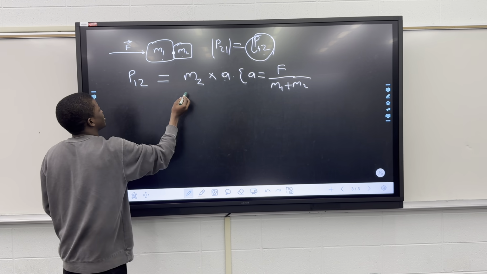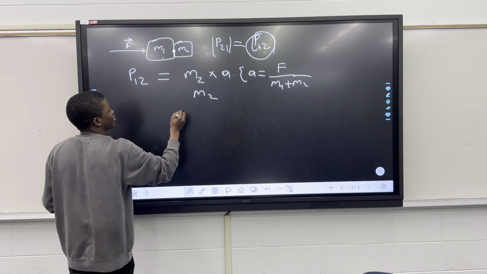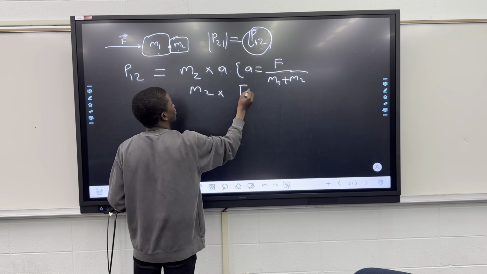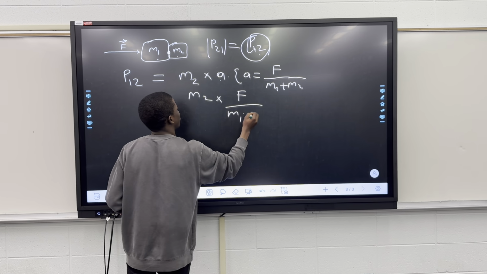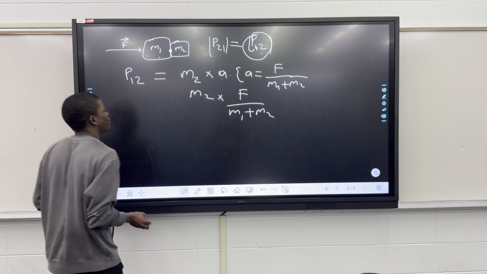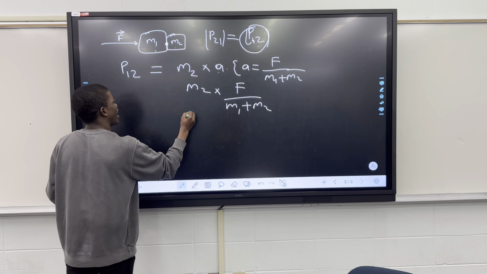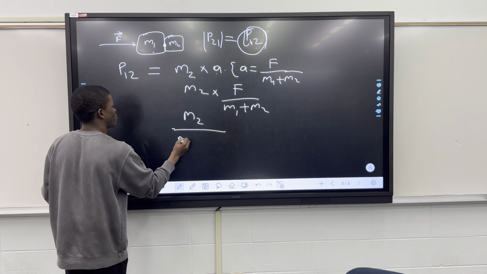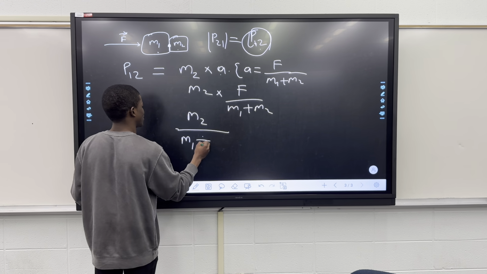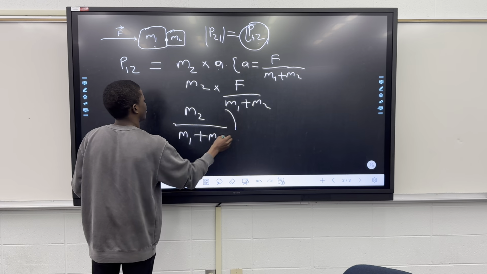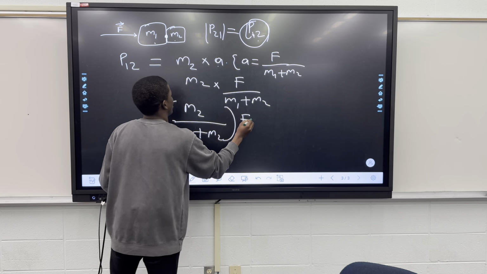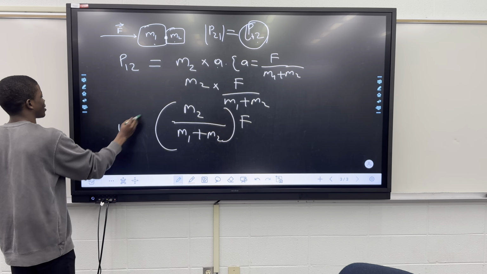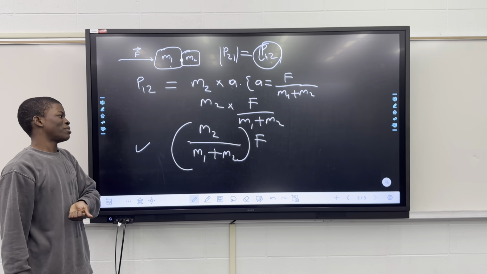So just substitute it here to get M2 times F over M1 plus M2, and we can rewrite that as M2 over M1 plus M2 times F. This will be the contact force between M1 and M2.